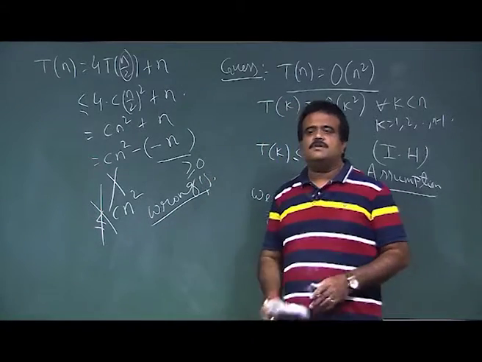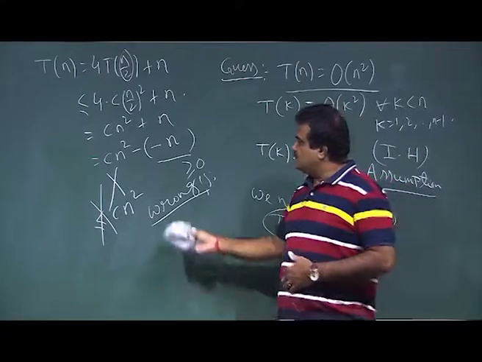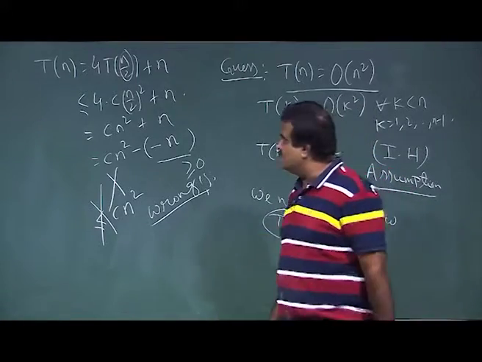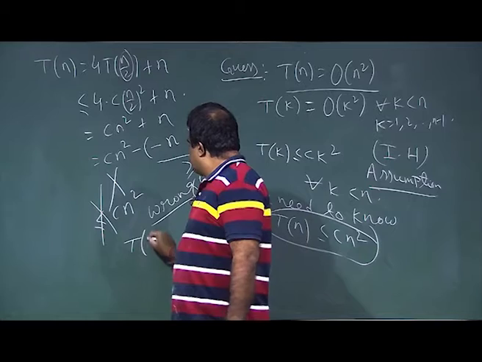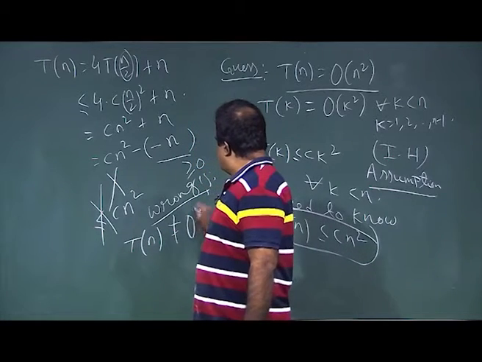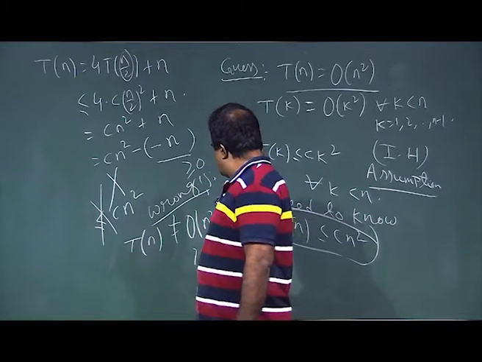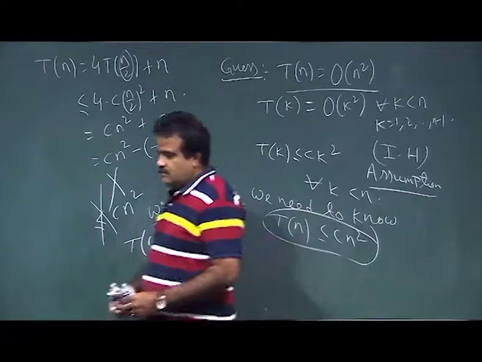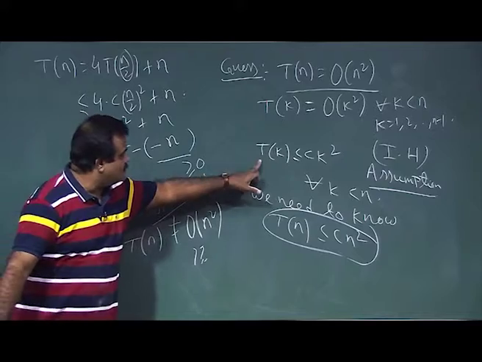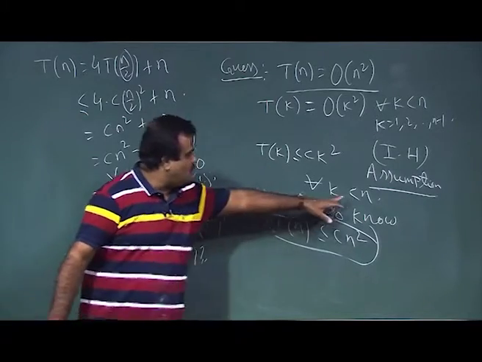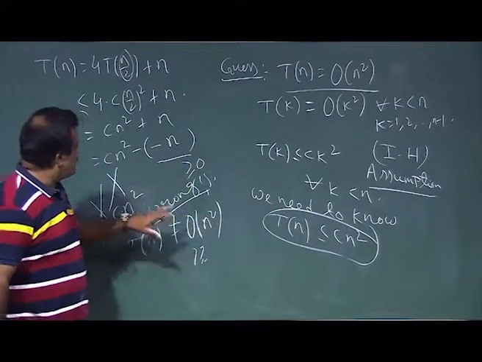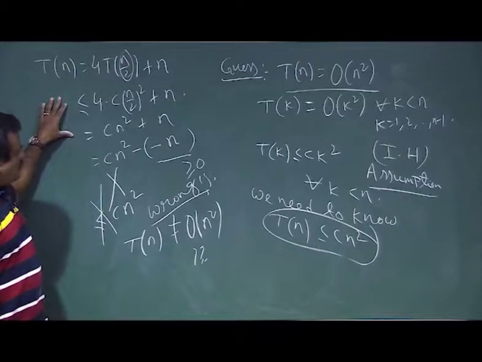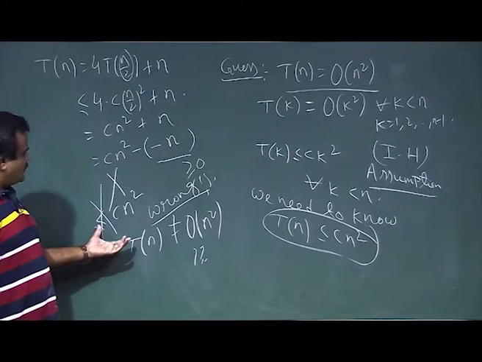So, then what will be our conclusion? If this is wrong, can we just say that T(n) is not big O of n square, or what? Because we are not achieving this. We took the assumption that this holds up to n. Now, we try to prove it is true for n also, but we are not achieving this.